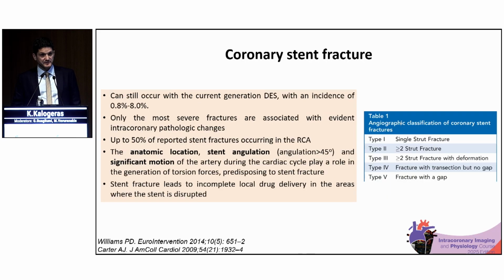Coronary stent fracture, another common cause, can still occur in about 1 to 8% of cases. Only the most severe fractures are associated with evident intracoronary pathologic changes, and usually up to 50% of these fractures are reported in the right coronary artery. Predisposing factors are the anatomic location, the stent angulation, and the significant motion of the artery during the cardiac cycle.